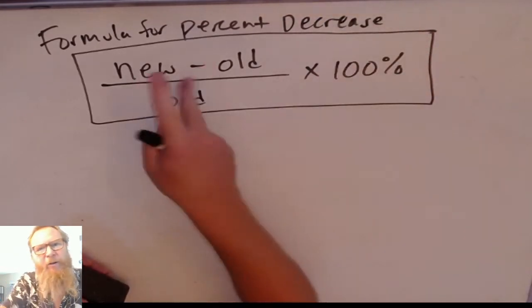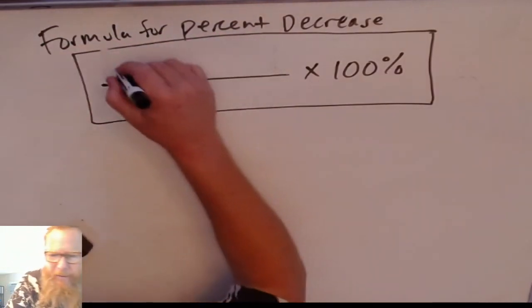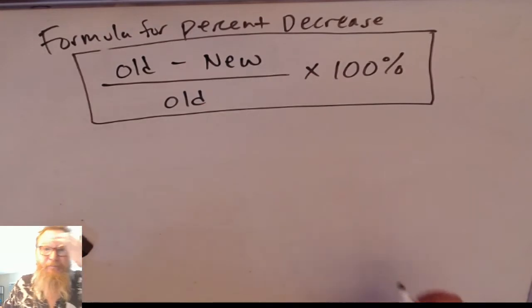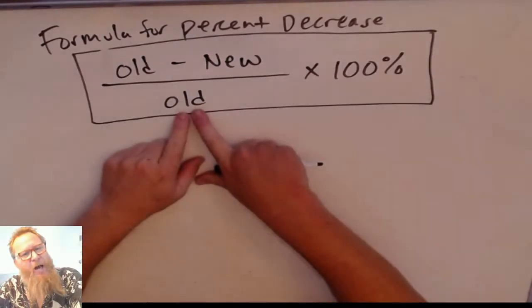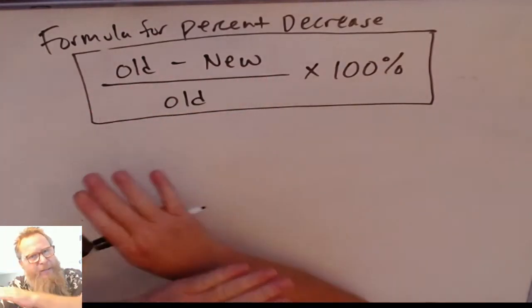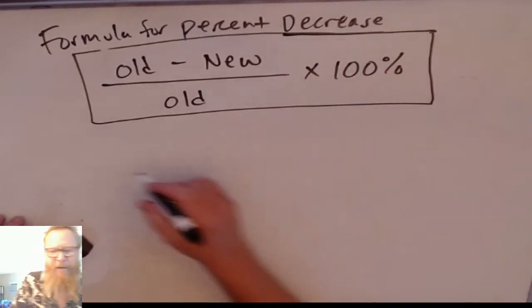You just reverse the numerator. So it's old minus new. You do not change the denominator, though. You just reverse the order of the numerator. So instead of new minus old, if it's a decrease, something's going down, then you do old minus new.